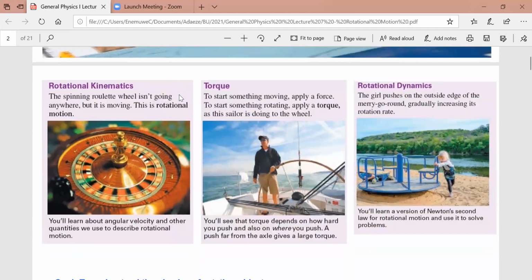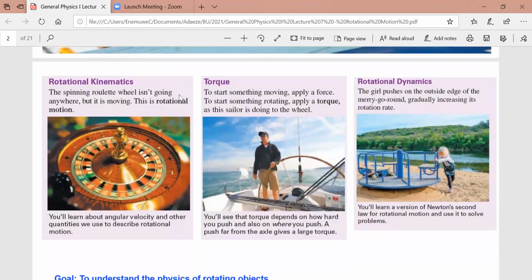As you know, in chapter 7, as in the reading of the course, we take one chapter per week. So we'll be covering 3 major blocks: rotational kinematics, torque, and rotational dynamics. We also establish the relationship between each of these terms and their equivalents in linear and circular motion, and how they are unique to rotational motion.